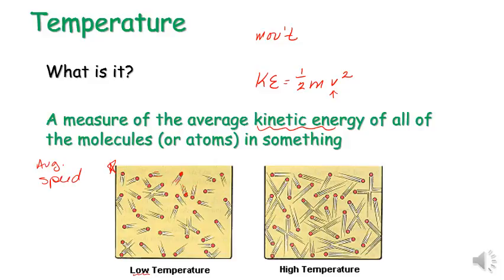This one's moving a little faster, but on average. At the higher temperature, look at the speed of these atoms. Oh my gosh, you can tell by the fact that their speed lines are longer, they're moving faster. So whether you are touching something or not is not important. The temperature of something is all based on what the molecules inside the object are doing.